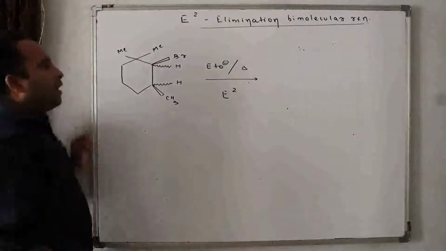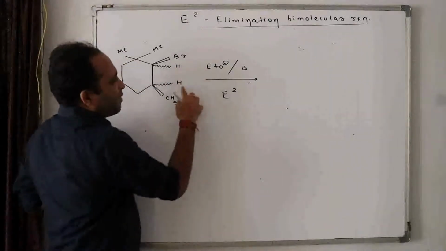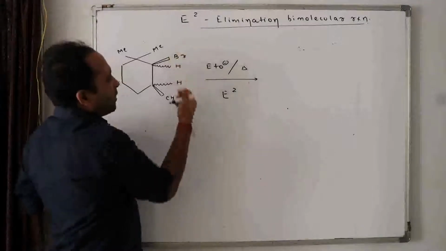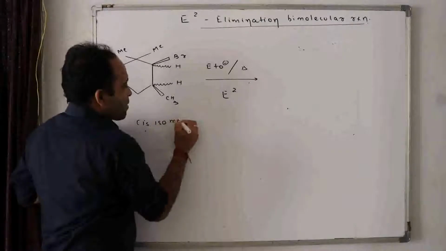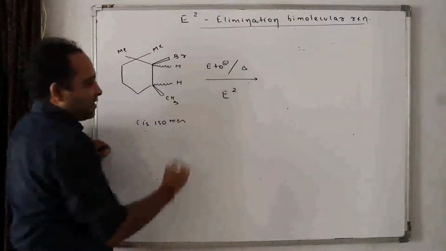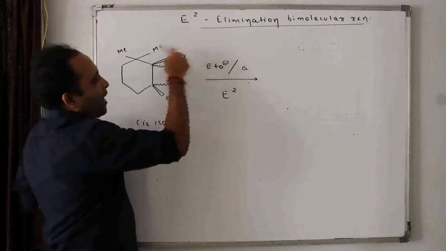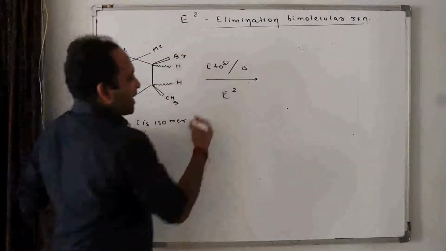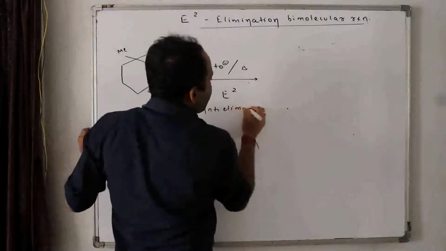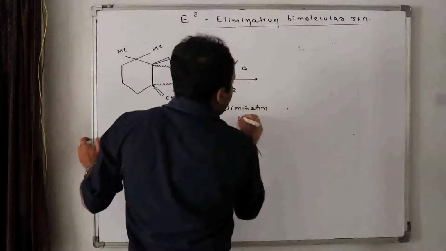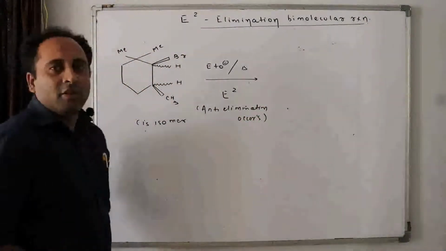In a single step, EtO minus will pull off this hydrogen and bromine is left. Is this the cis isomer? H on the same side. Now this H and this bromine are anti to each other. Here anti-elimination occurs.